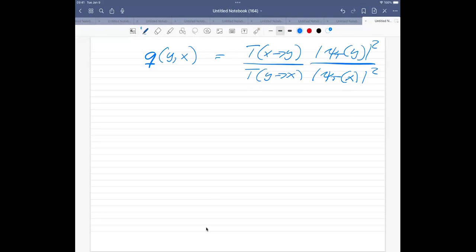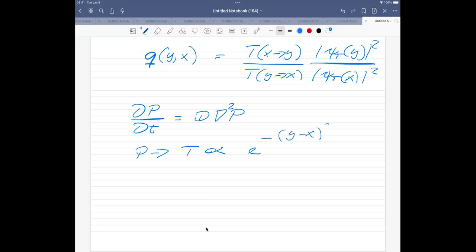Now, what we have now, when we solve the diffusion equation, with the solution of a diffusion equation where we look at the probability P as a function of t, which has a diffusion constant D and a second derivative of P, then this P is what becomes the model for T. And in our case, this is going to be proportional to e to the minus (y minus x) squared divided by 4D times time t.